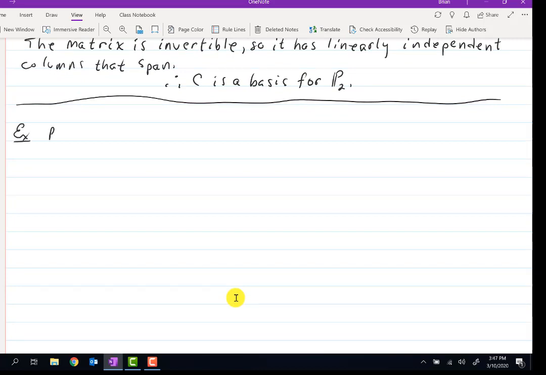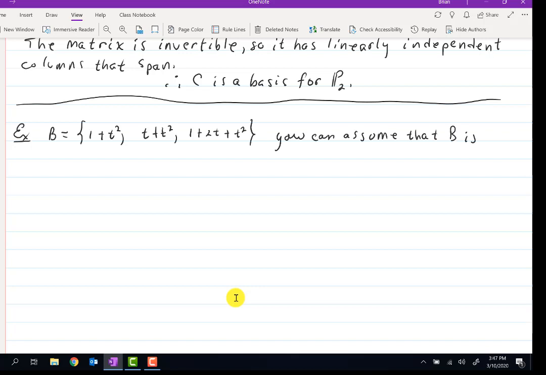Let B equal 1 plus t squared, t plus t squared, 1 plus 2t plus t squared. And you can assume that B is a basis for P2.